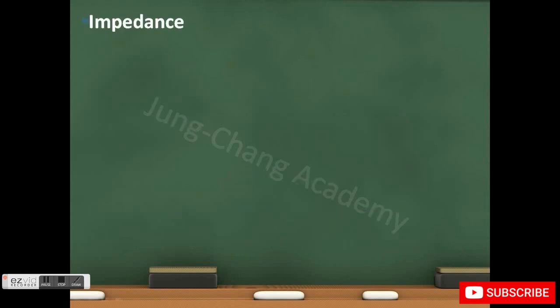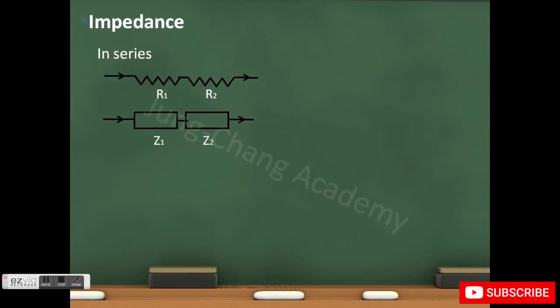So next, let's look at how we can simplify an AC circuit. Similar to DC circuit analysis, in AC circuit, you can simplify series impedance in the same way that you do series resistance. So when you have impedance in series, just like resistance, you can simply add them up.